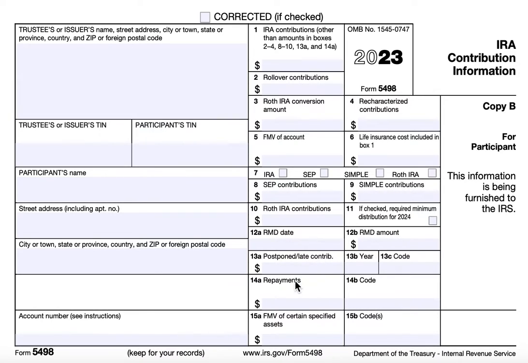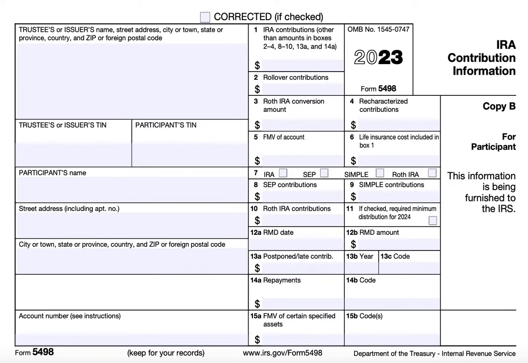Box 13A, 13B, and 13C all refer to late rollover contributions. So this would be what they call a 60-day rollover, not a trustee-to-trustee rollover.